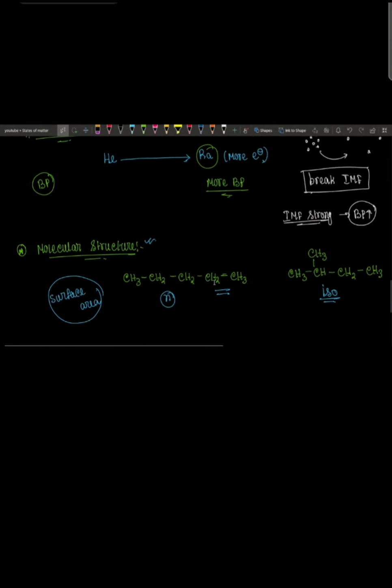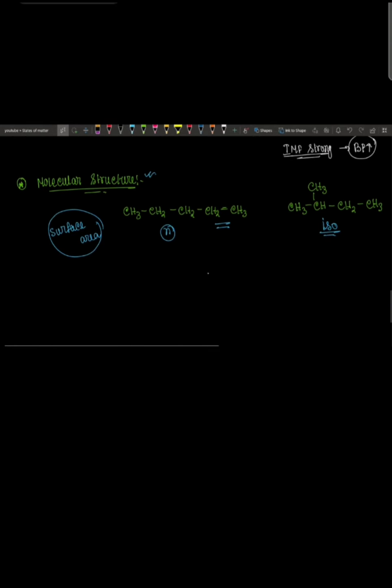And when you talk about the molecular structure, N-pentane has the highest boiling point among N-pentane, isopentane, and neopentane, just because it has higher surface area. Higher surface area means higher London force, so higher intermolecular force. High intermolecular force is proportional to the boiling point. So that's the relation. This is what we have learned about the London force.